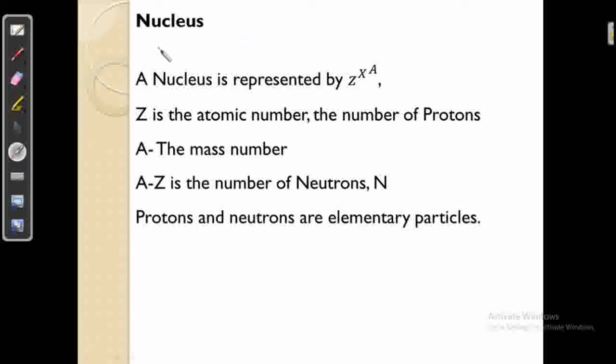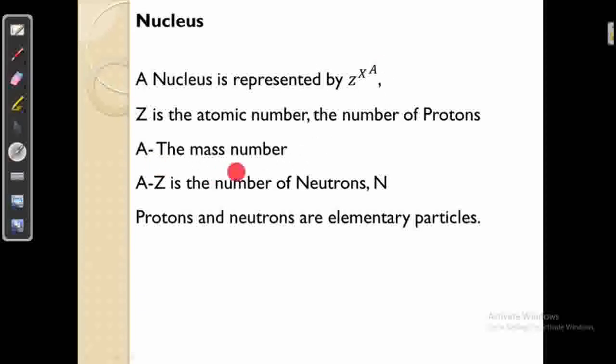A nucleus is usually represented by X with superscript A and subscript Z, where X represents the symbol of the element, which can be any symbol. Z represents the atomic number, that is, the number of protons. A represents the mass number, that is, the number of nucleons, the number of protons plus neutrons.